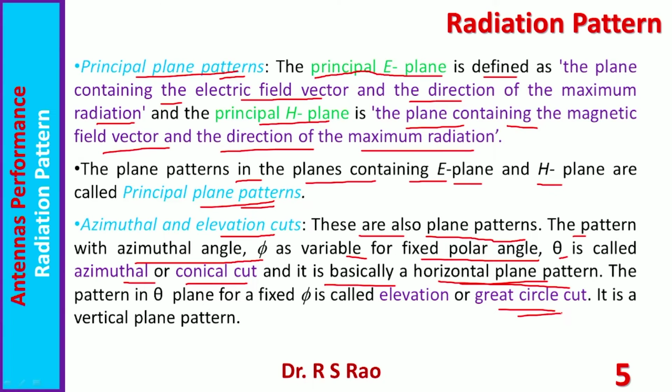Apart from that, we also encounter in antenna theory azimuthal and elevation cuts. Azimuthal or conical cut is a horizontal plane pattern, whereas elevation or great circle cut is a vertical plane pattern.